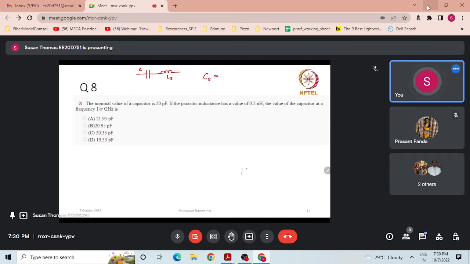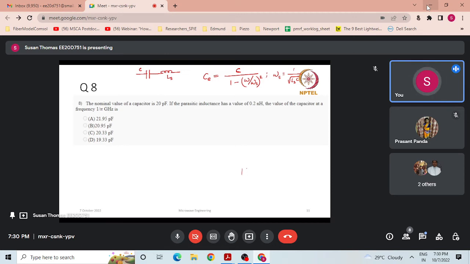It can be written as effective capacitance CE is equal to capacitance C divided by 1 minus omega by omega S, the whole square, where omega S is 1 by root of Ls into C. I hope this is clear. This is a very similar approach, which is why I am solving this question as well.